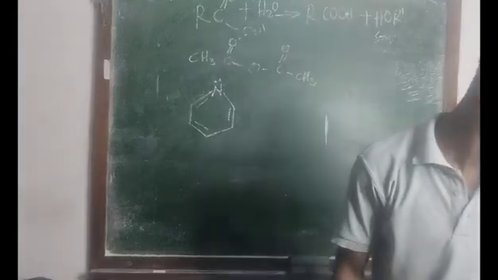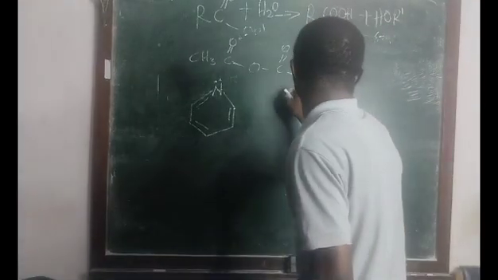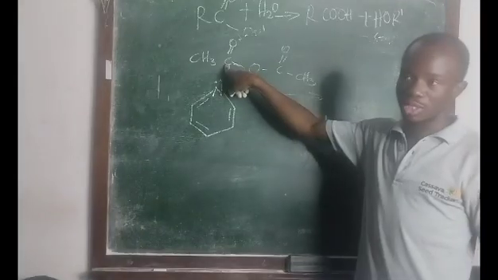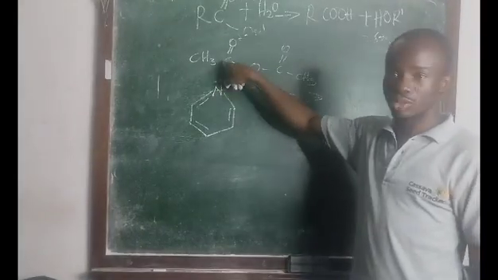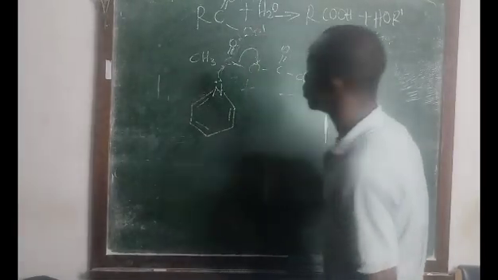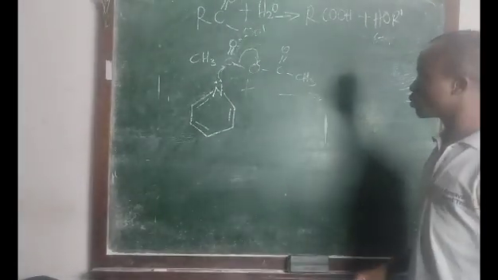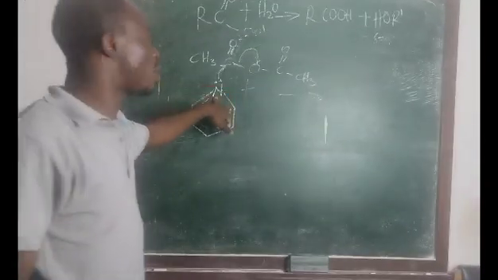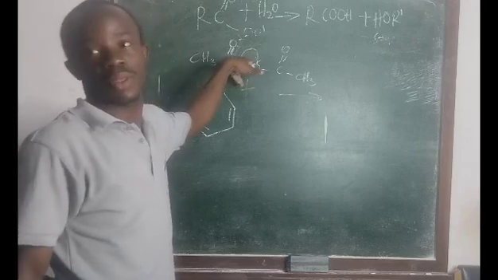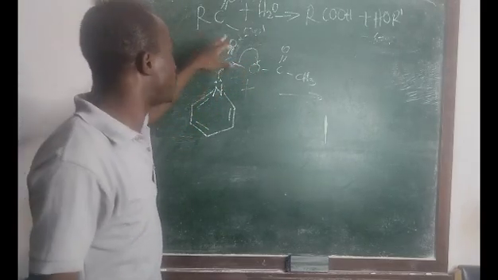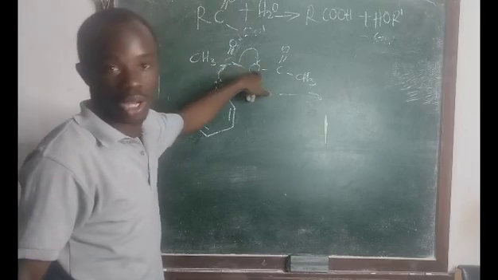So in this case, these two will react. This will bind to this. The lone pair of nitrogen will attack this partially positive carbon that we have here, and immediately that happens, this one will leave as a group.